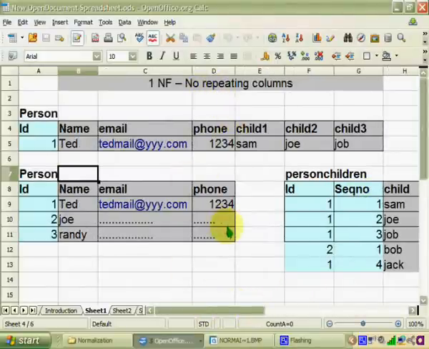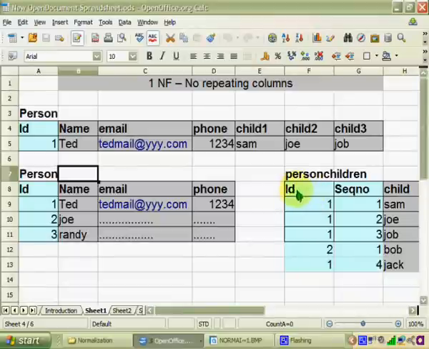So we can do the exact same thing. What if we want to store multiple email IDs? Instead of saying email 1, email 2, email 3, we can store that as a person email table, and we can say person ID is this, the sequence number 1, 2, 3, 4, first email is this, second email is this, third email is this. So only if there is an email we are storing it, and if a person has 100 email addresses, we can store them without any problems just by using 100 sequence numbers.